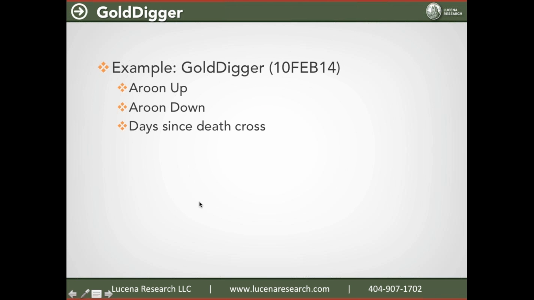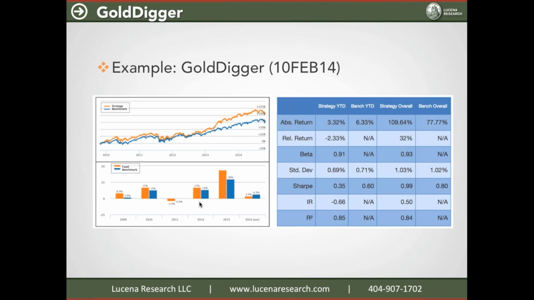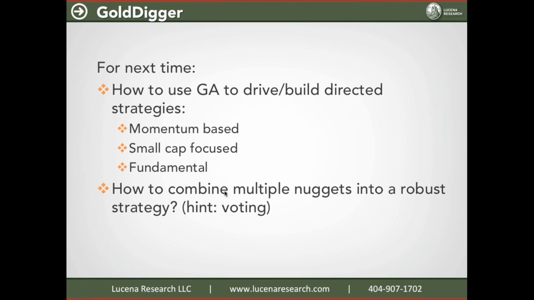Like I said, we've got many more, and in the next presentation, we're going to show you some more of those nuggets that were created by genetic algorithms. But even more interestingly, we're going to show how we can direct our genetic algorithm to find specific sorts of nuggets.